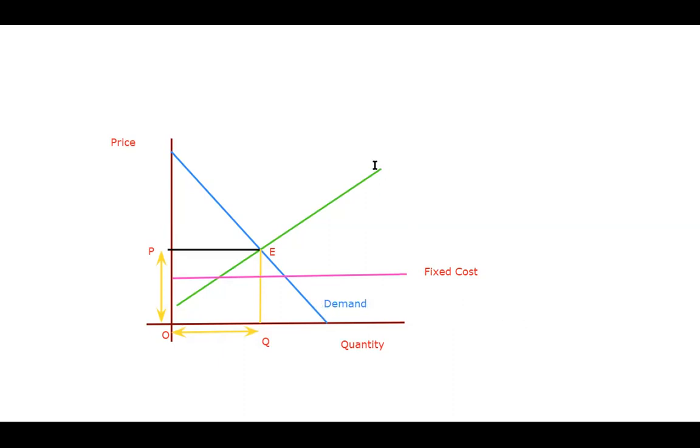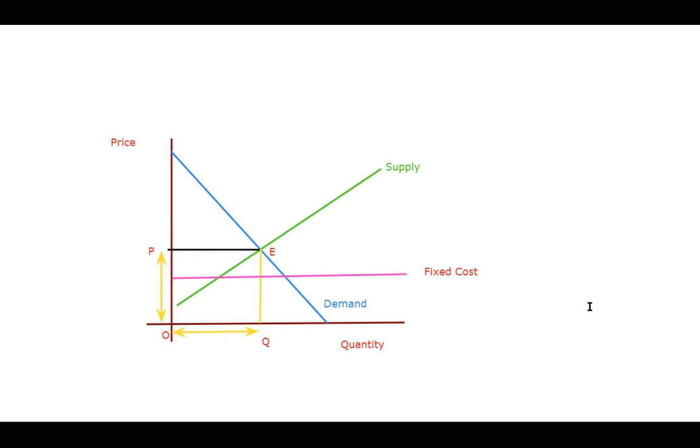Green one is actually your supply curve. This is fixed cost curve. This is actually a line to understand the graph. This is not anything else. I wish things could be like a dotted line, but here I cannot make any dotted line.